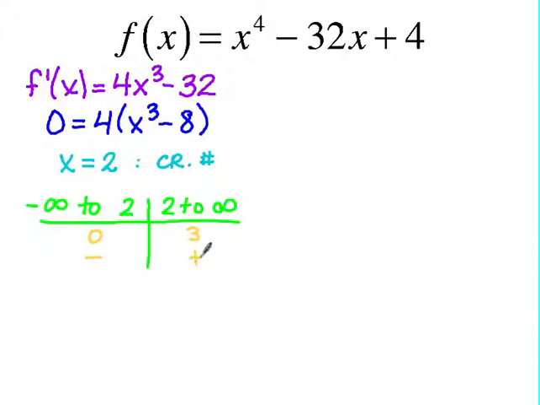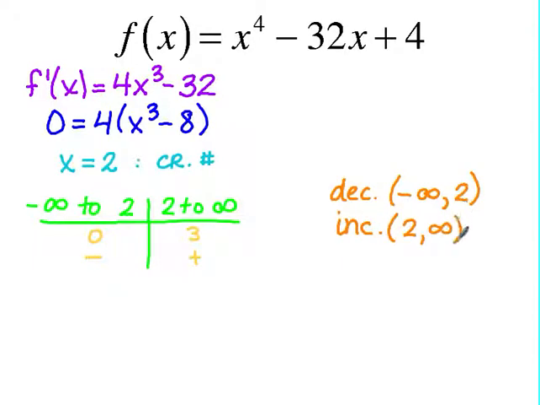So you can conclude that the graph decreases where? The graph decreases from negative infinity to 2. Oops, I shouldn't put 2, comma 2. And it increases from 2 to infinity. What type of extremity do you have? Minimum.